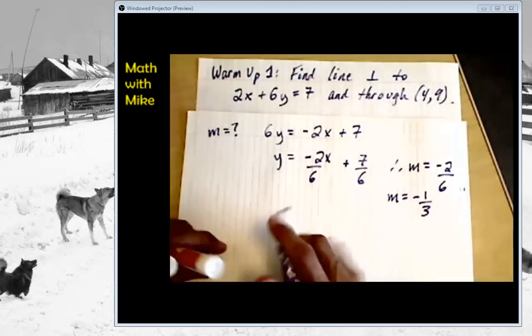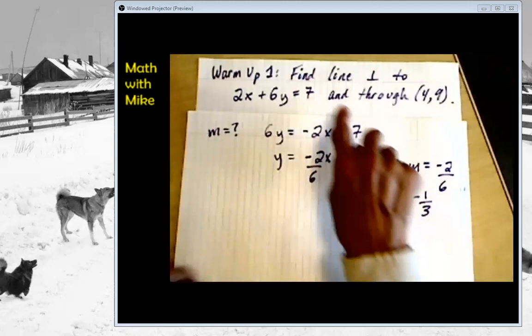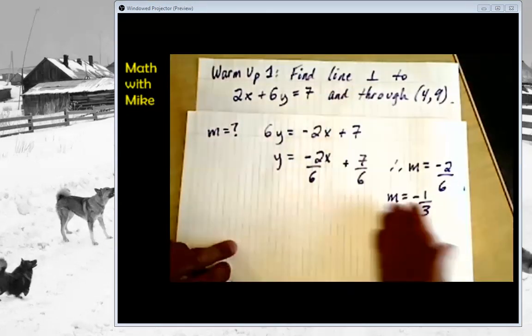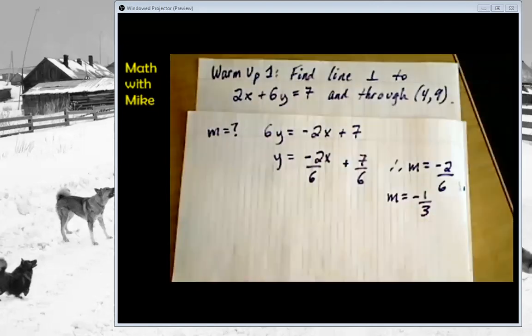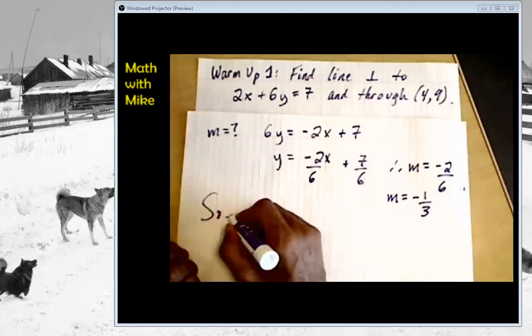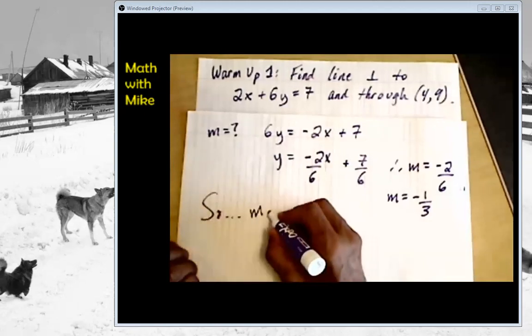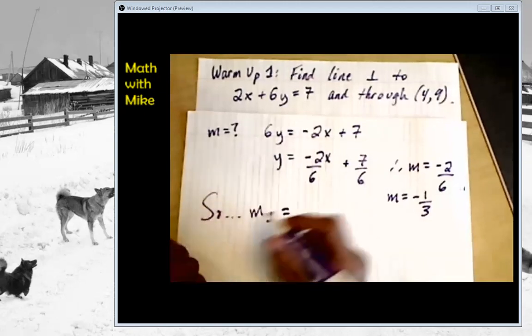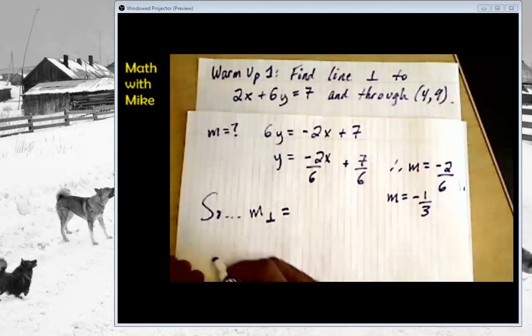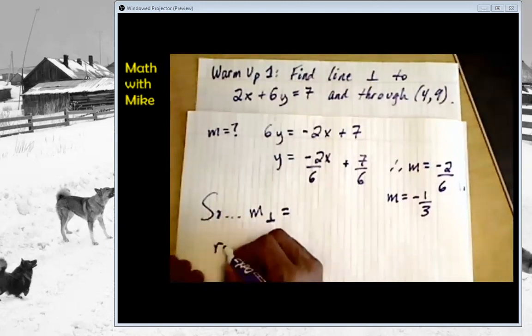What we need now, though, is the slope that's perpendicular to this. For a slope that's perpendicular, I think I heard it in class or something like it. It's reciprocal, yes, from Zoom. I'm going to write it on the screen.